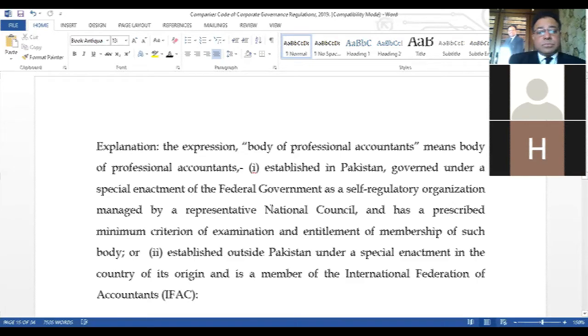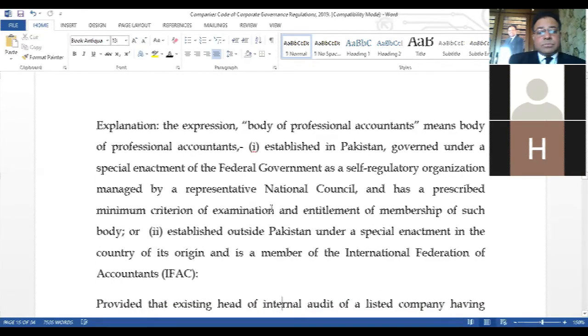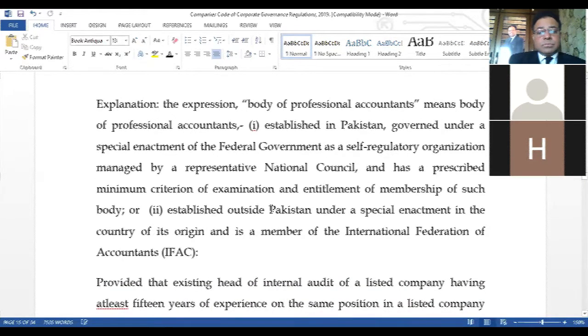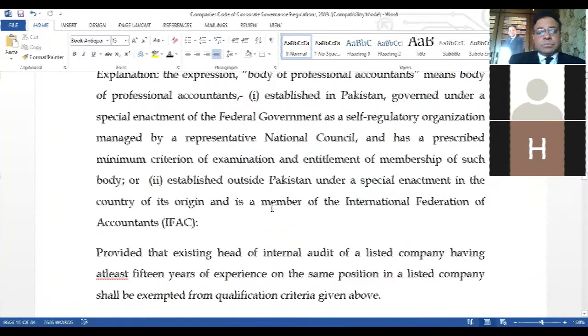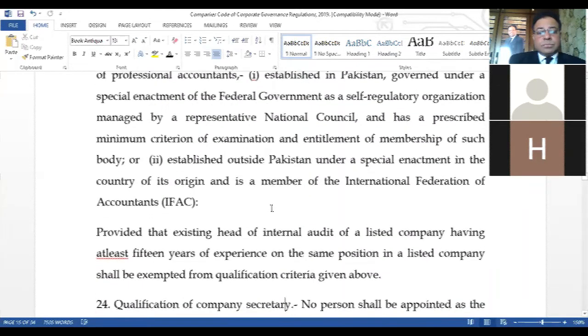The expression body of professional accountants means a body of professional accountants 1 established in Pakistan, governed under a special enactment of the federal government as a self-regulatory organization managed by a representative national council and has a prescribed minimum criterion of examination and entitlement of membership of such body, or 2 established outside Pakistan under a special enactment in the country of its origin and is a member of the International Federation of Accountants.